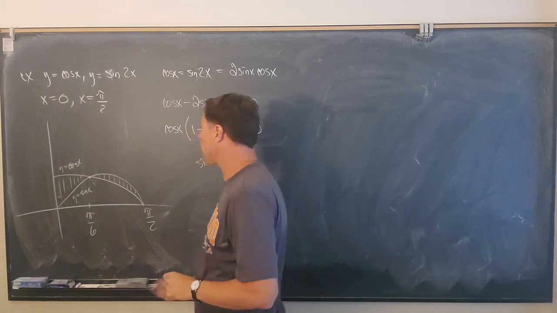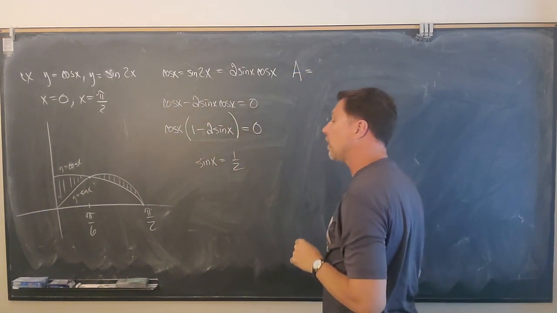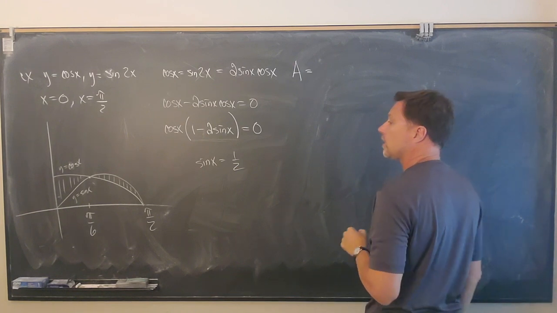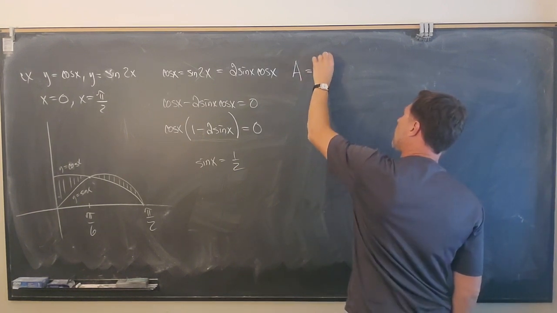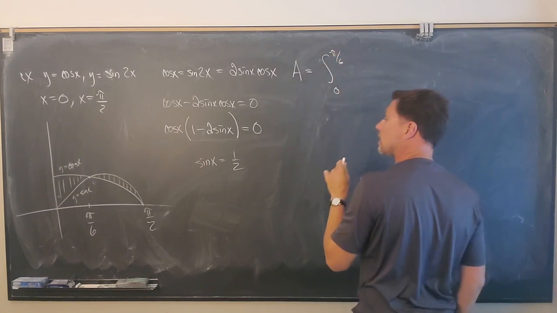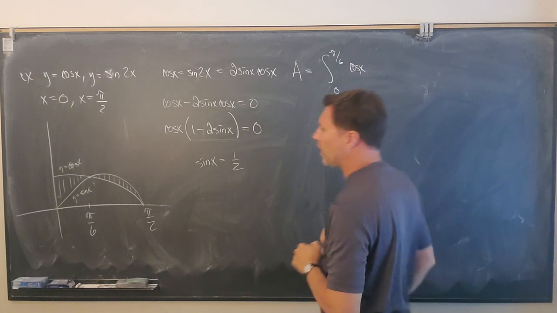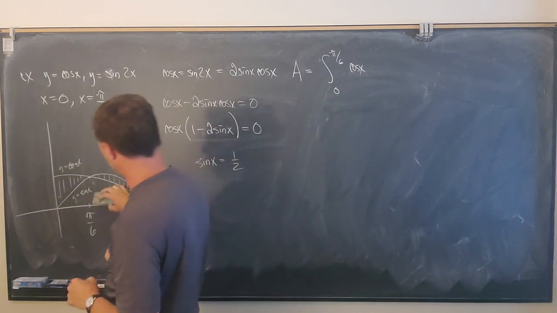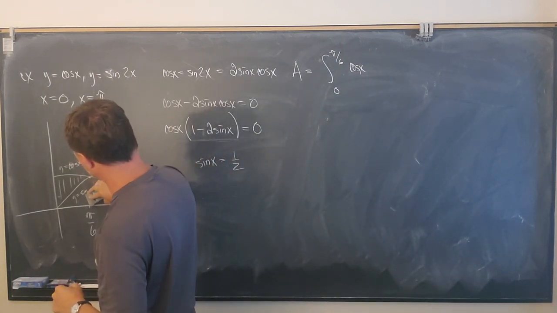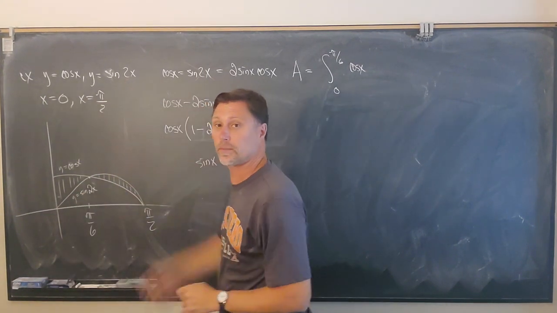So now our area is going to be given by the following formula. Area equals the integral from 0 to pi over 6, top function, which is cosine. Oh, and I just realized I made a mistake on my diagram here. That should say sine of 2x, it's this function here.